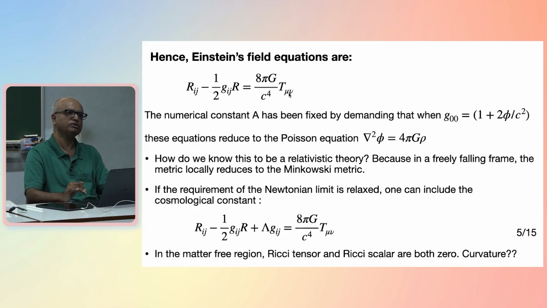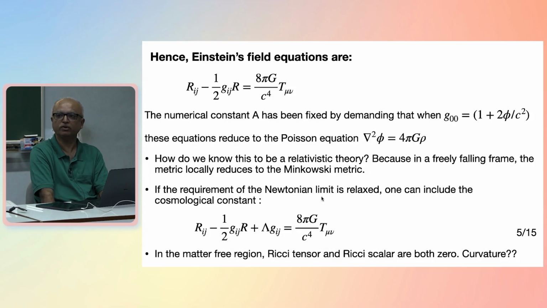If T mu nu is 0, then the Ricci scalar is 0. If the Ricci scalar is 0, R_ij is 0. So in free space, the Ricci tensor and Ricci scalar both vanish. Such solutions are called Ricci flat.